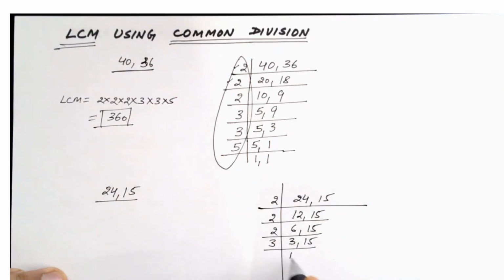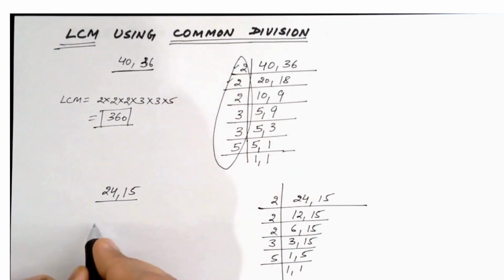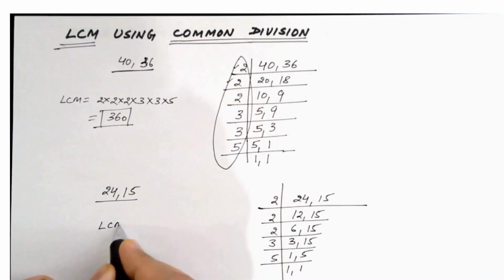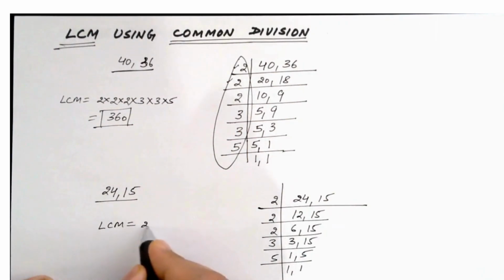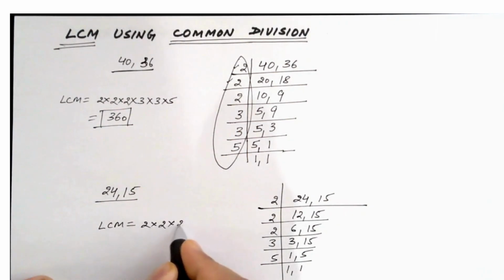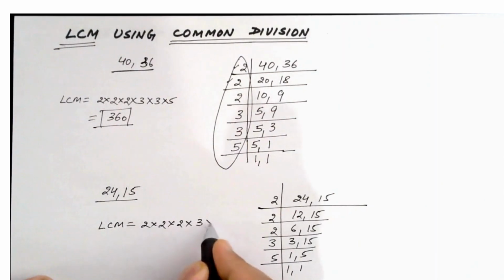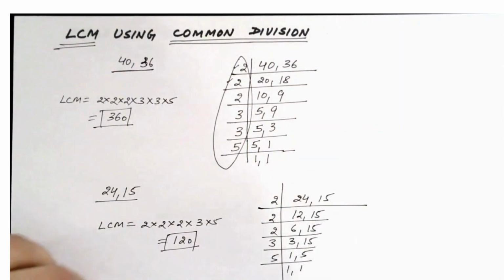Then 3, it can divide 3 and 15 both. And 5 can divide only 5. So the LCM will be 2 into 2 into 2 into 3 into 5. This is 120. So this is the way we find the LCM of two numbers using the common division method.